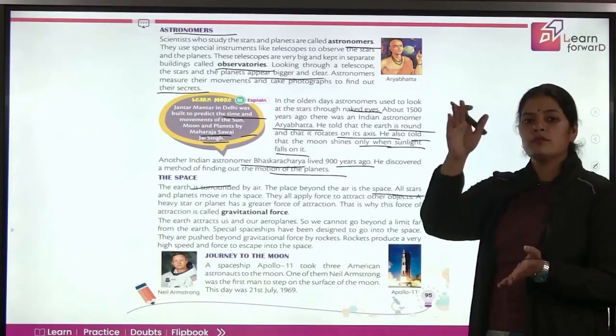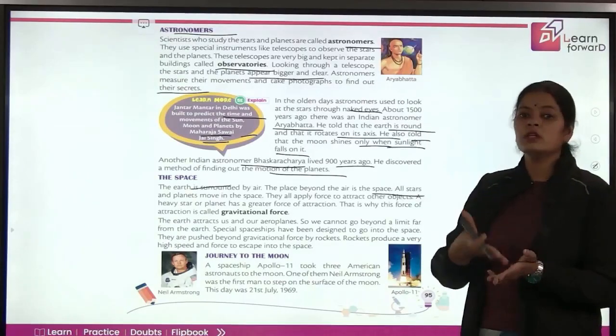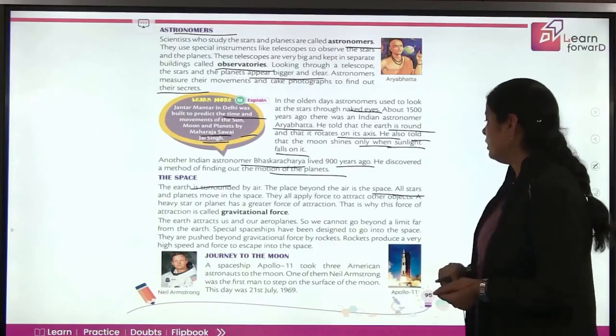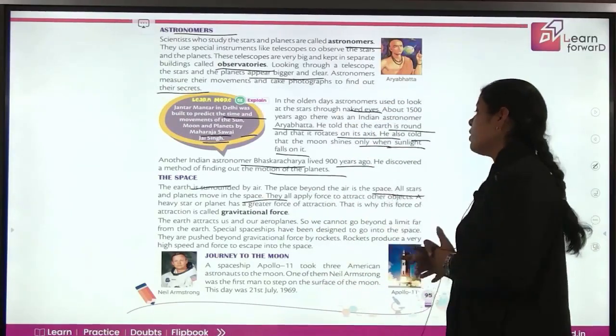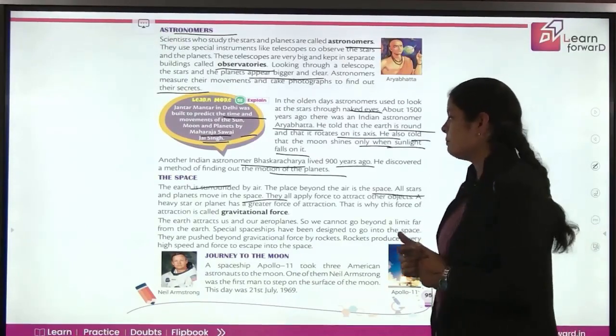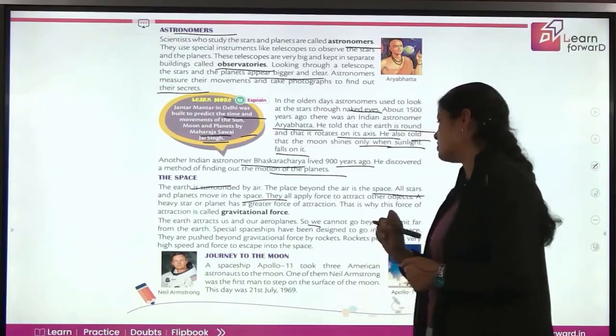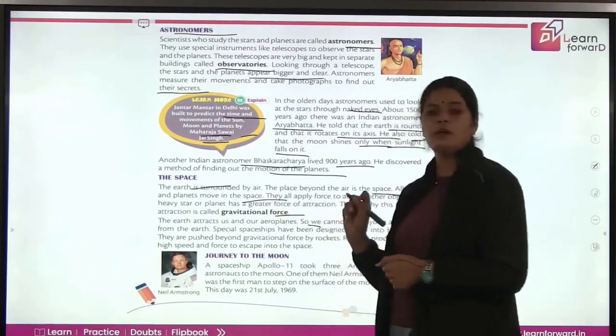As the atmosphere ends, space starts, and there the gravitation of earth does not work. All stars and planets move in space. They all apply force to attract other objects. A heavy star or planet has a greater force of attraction. That is why this force of attraction is called gravitational force.